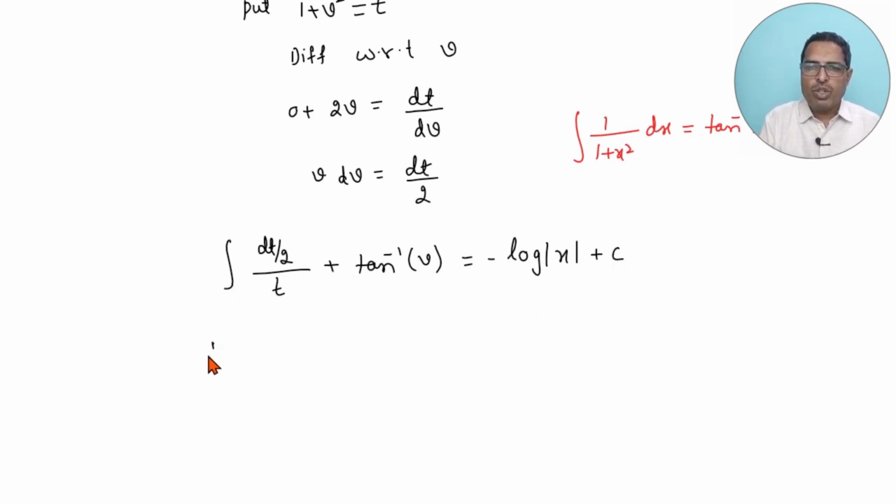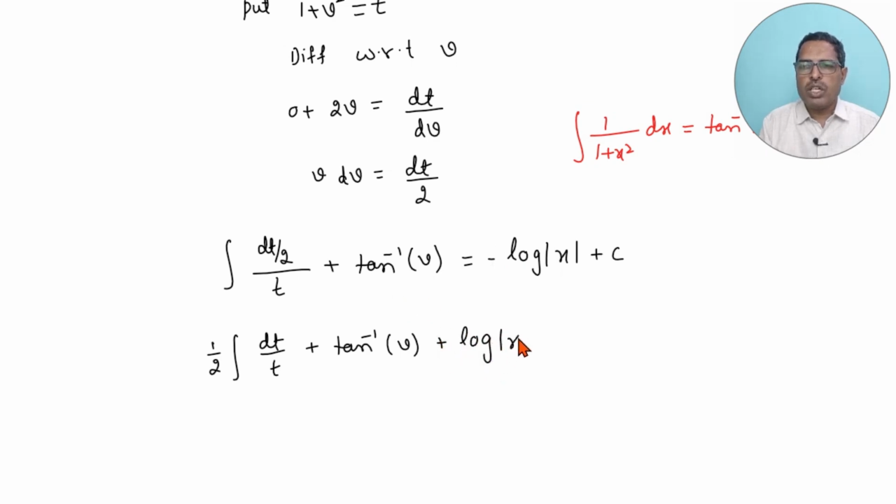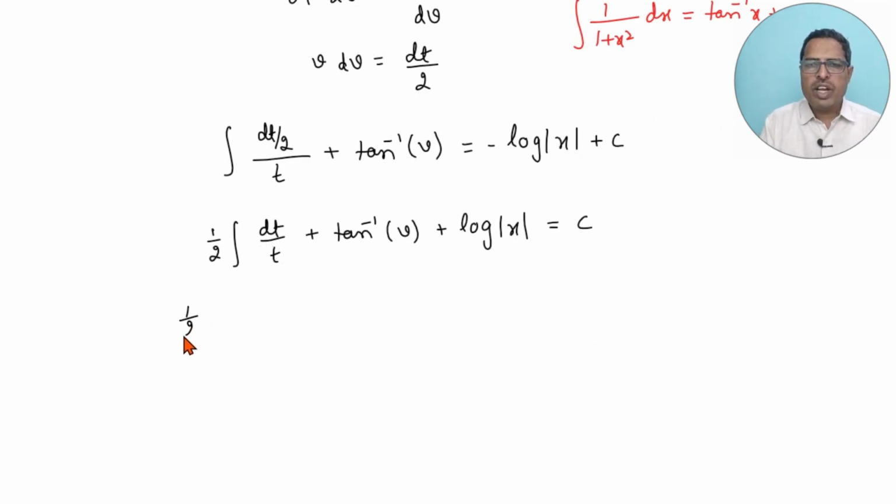Here this 1 by 2, the constant outside, we are left with integral of dt by t plus we have tan inverse of v. Let us take this negative log on the left hand side, it becomes positive, plus log of mod x is equal to c. This is half times integral of dt by t, which is nothing but log of mod t, plus we have tan inverse of v plus log of mod x is equal to c.